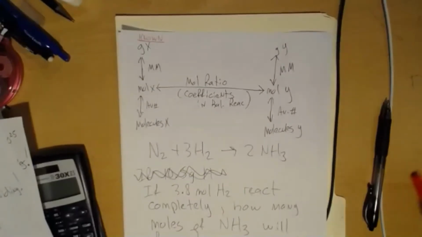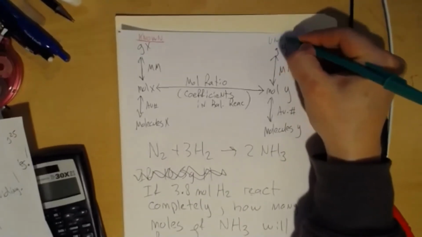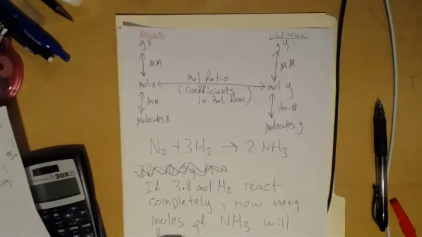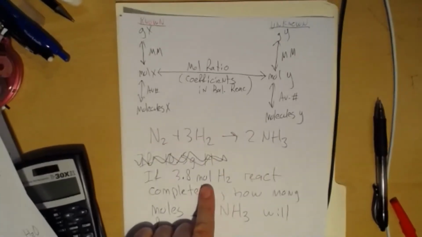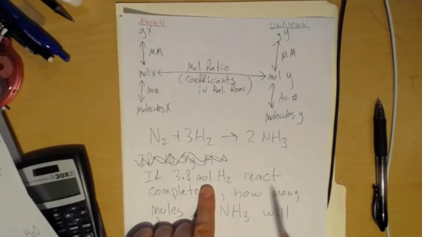And over here, this is usually what I'm trying to find. I'll call the unknown, right? So what is my known? My known is the 3.8 moles of hydrogen. So I'm here and I want to go there, right?